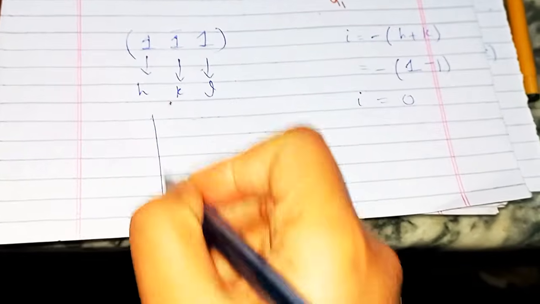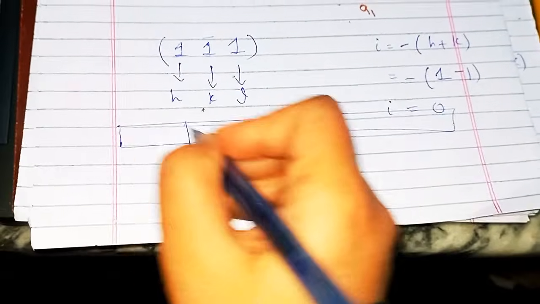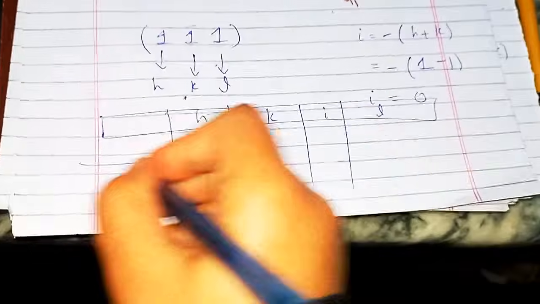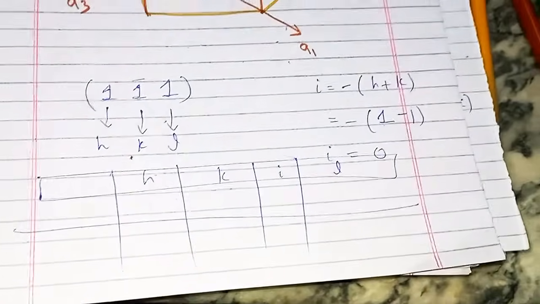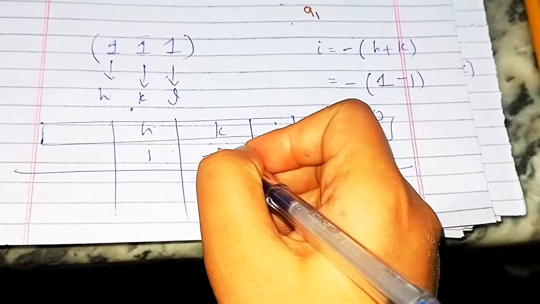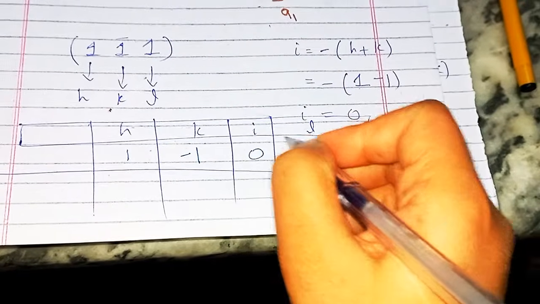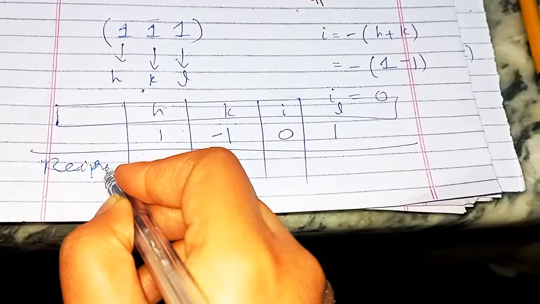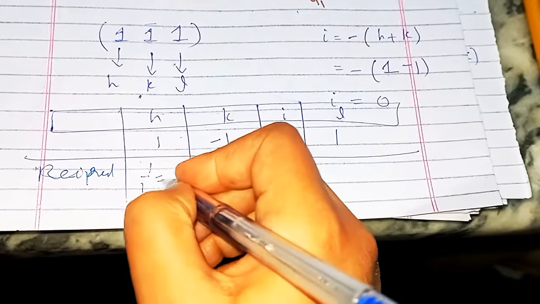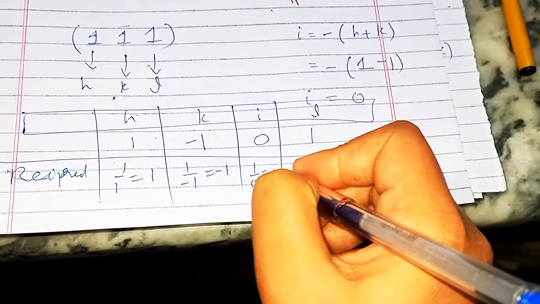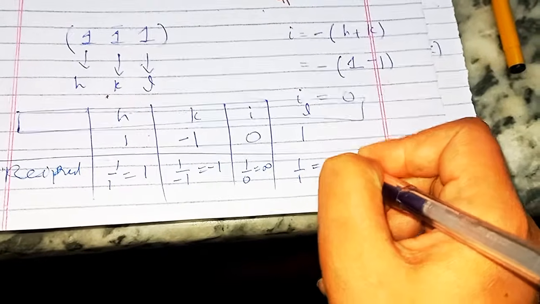So it will be in the process, and we'll be considering I as well. So let's draw the table here. H, K, I and L. We have H 1, K -1, I is 0 and L is 1. Taking reciprocals, 1 over 1 is 1, 1 over -1 is -1, 1 over 0 is infinity, and 1 over 1 is 1.